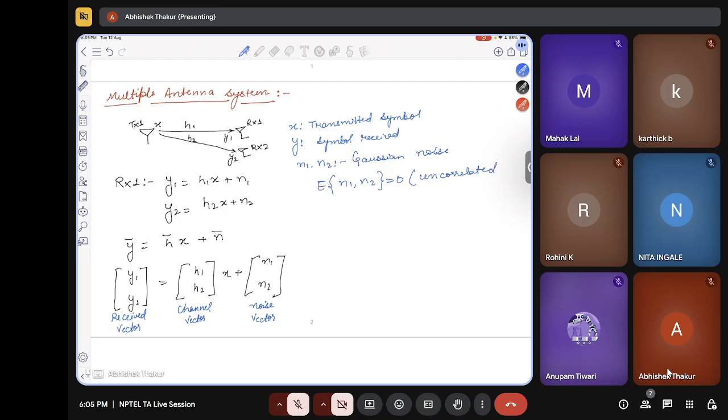And the power of this noise is sigma squared.